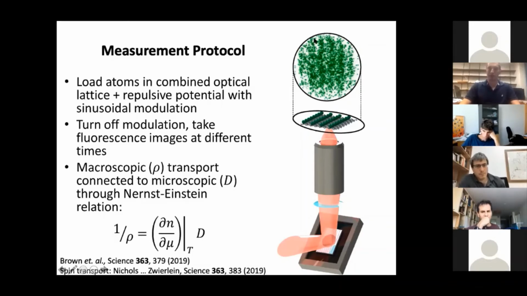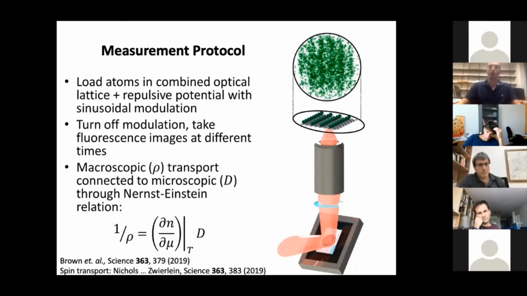Those are the stripes that you're seeing on the cloud here. And so we loaded the cloud adiabatically into the stripes. So we still have the underlying lattice, but then on top of the lattice, we have this long wavelength pattern that we create. So we have essentially a long wavelength charge density wave that we create with this projected light.